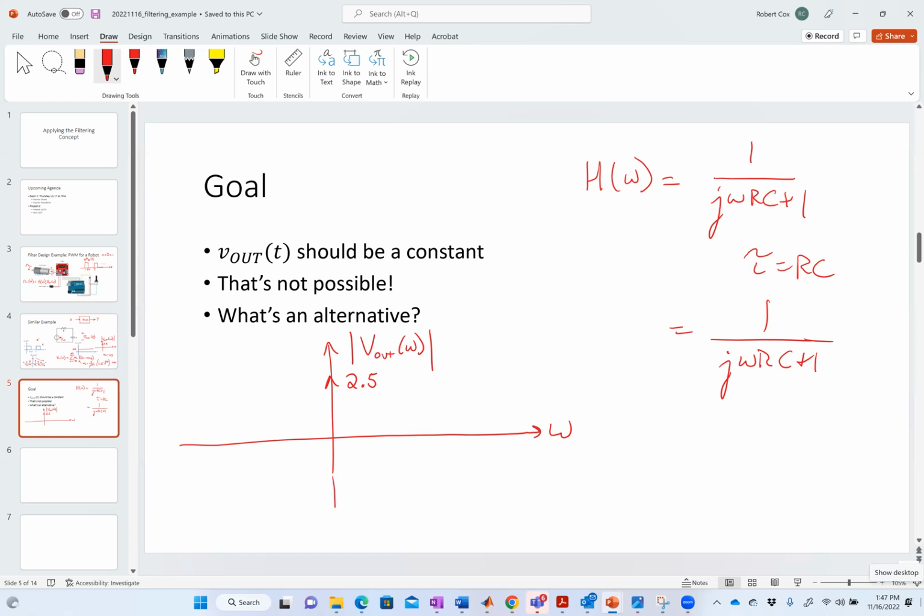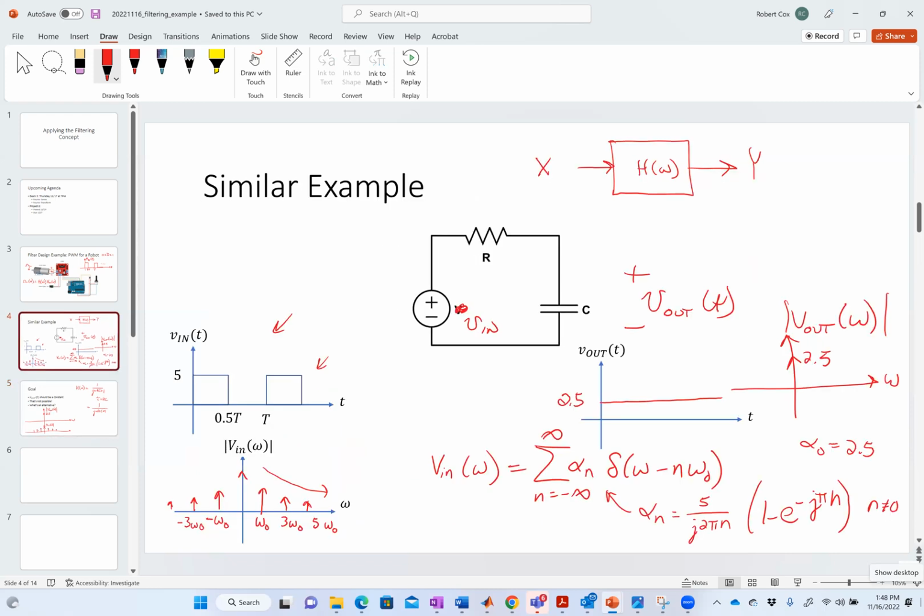So if V in of omega is at 2.5, and then it's got some other impulses that are getting progressively smaller as frequency increases. How do I know they're getting progressively smaller, by the way? Because I know that there's this dependence on 1 over n. So as n gets bigger, it's going to get smaller.